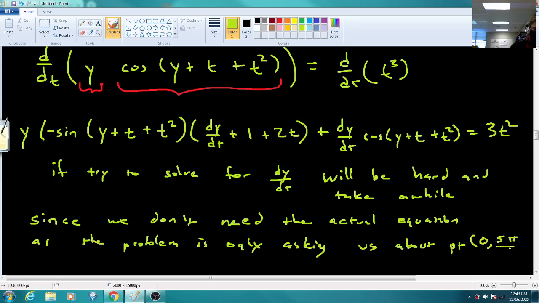The problem only wants to know about the point (0, 5 pi over 2).